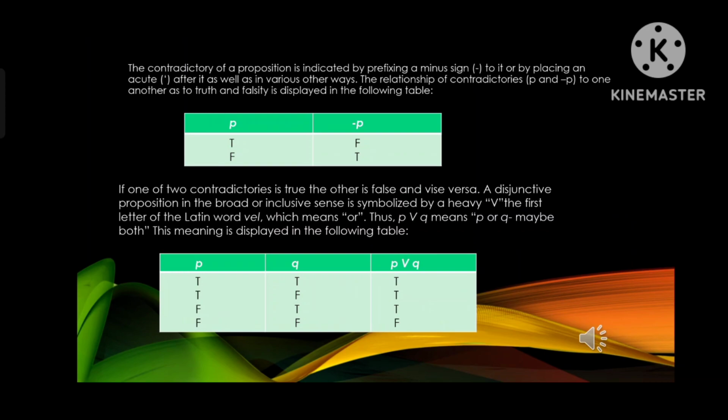Thus P V Q means P or Q, maybe both. This meaning is displayed in the following table. So, for example, true and true is equal to true. True and false equals true. False and true is equal to true. False and false equals false.